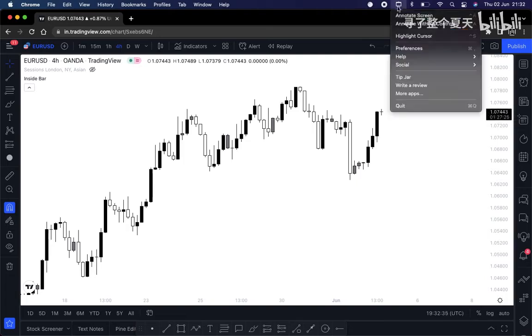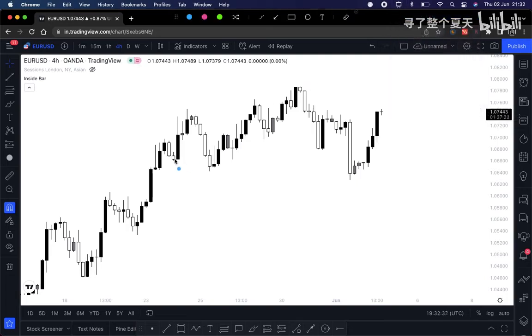So now we can clearly see that from around this area here, let me just start here. Price did what? It pushed to the upside, created a pullback, pushed to the upside, and created a pullback, right? And then pushed to the upside significantly again, right?